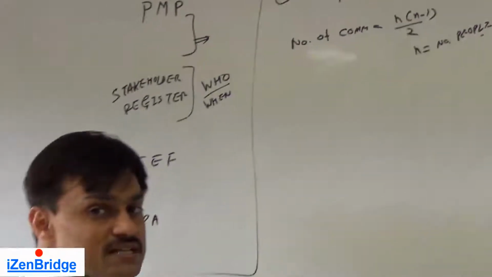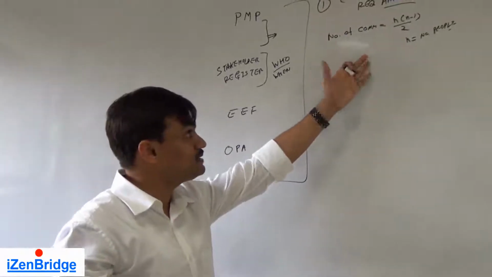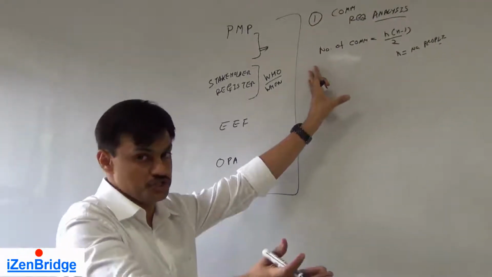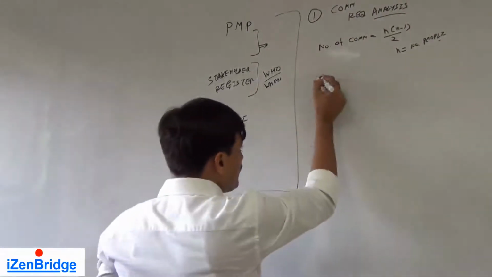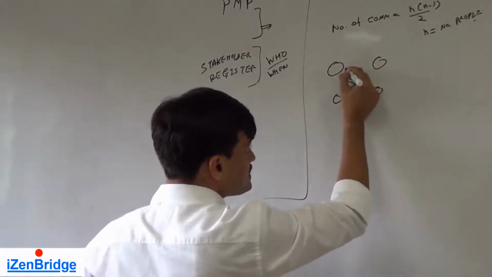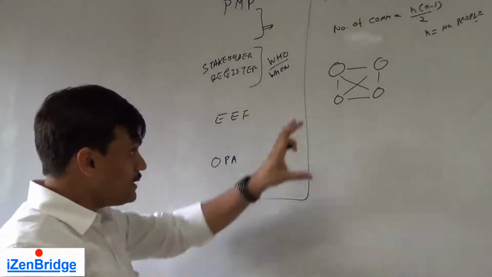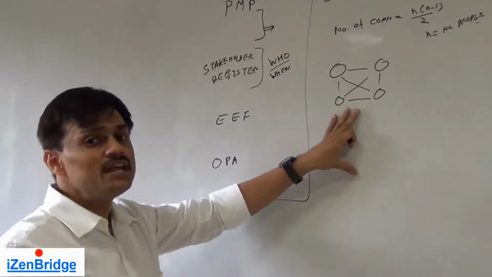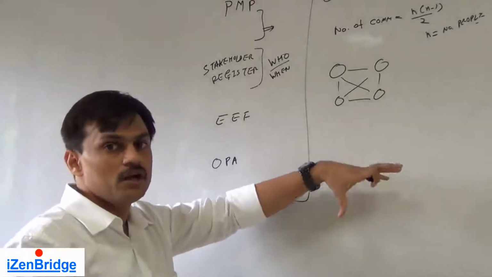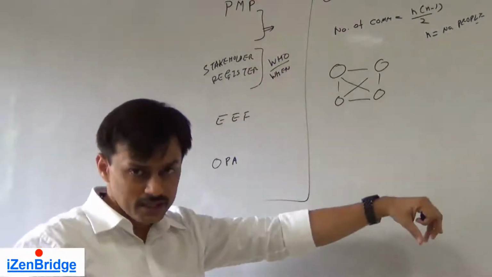Now, why is this formula important, and why, as a project manager, do you need to look at how many communication channels we have? Say if you have 4 people, they would have 6 communication channels. And these 6 communication channels are manageable. You can leave them talking to each other, collecting project status information and working together.